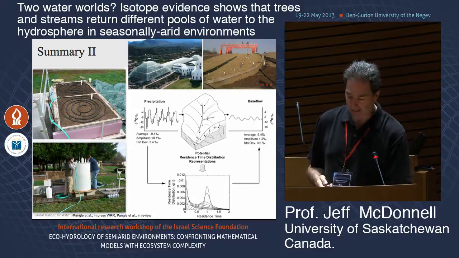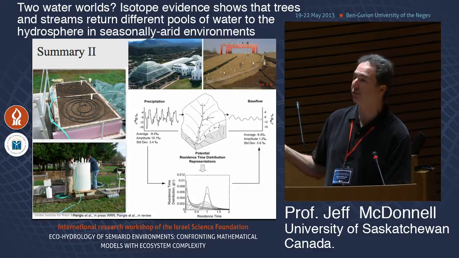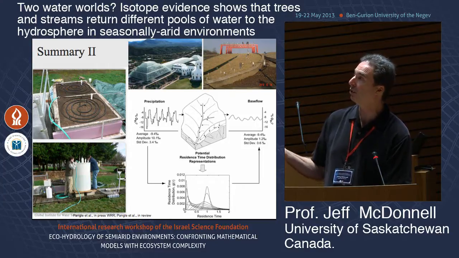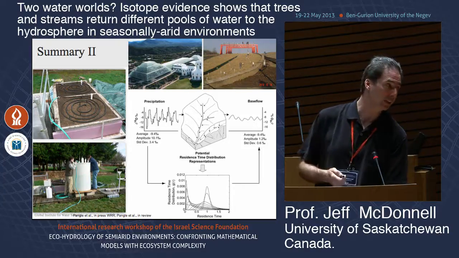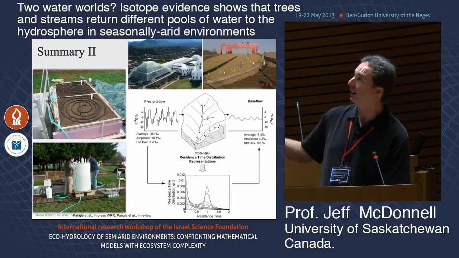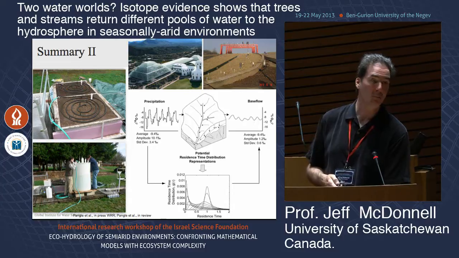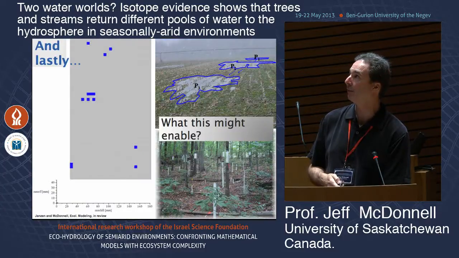Because at the end of the day, I think this holds the key for integrating what we're seeing in terms of vegetation water use and what's happening in a mobile way at the hill slope or catchment scale. It's all going to be expressed, I think, in this distribution function for water that we might sample at the catchment scale.